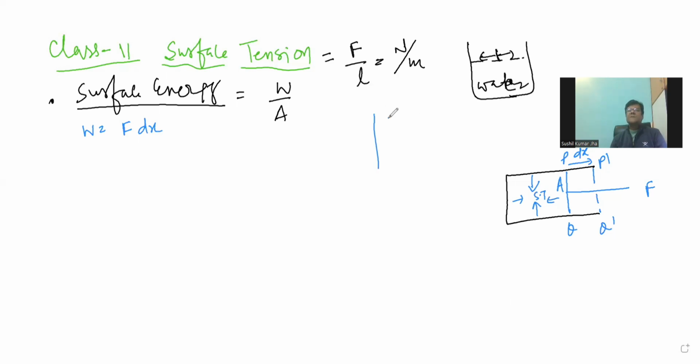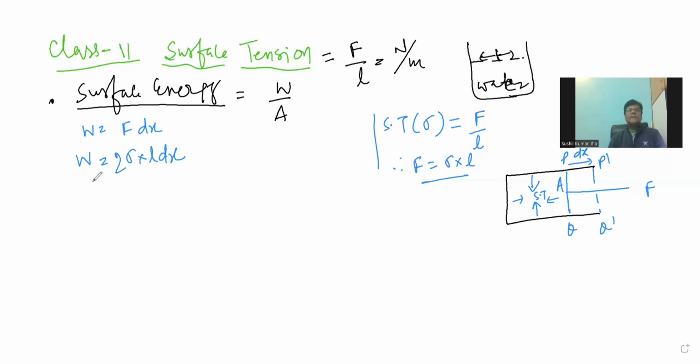Surface tension का symbol sigma use करते हैं, which is force by length. So force would be sigma multiplied by length. So we write work done as sigma into length into dx, but we multiply it by 2 times.